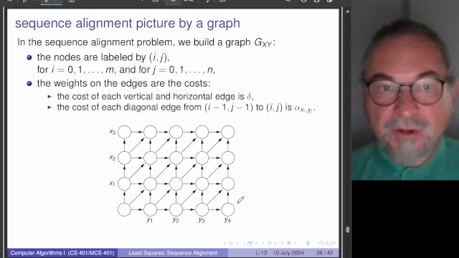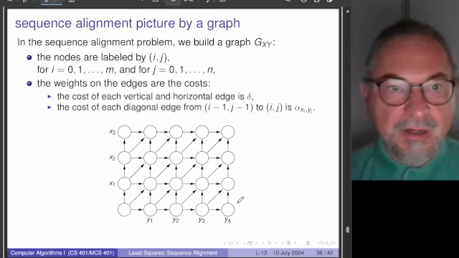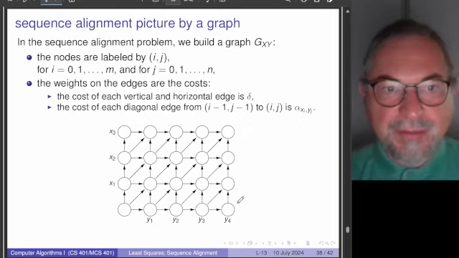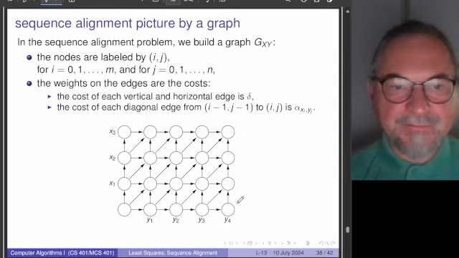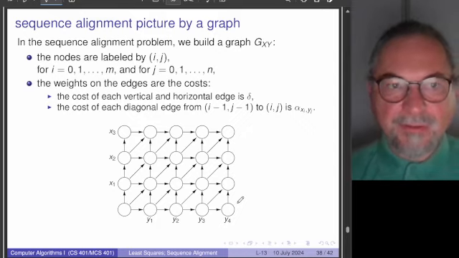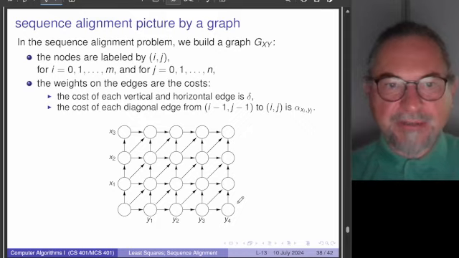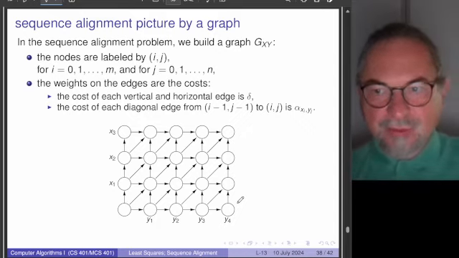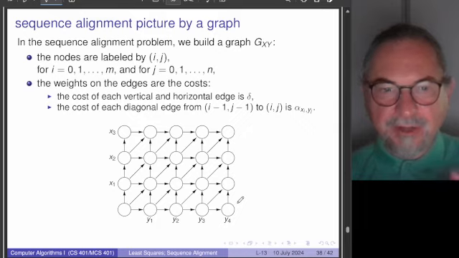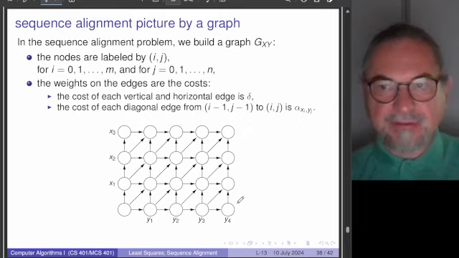We can give a graph interpretation to this algorithm where we label the nodes by the pairs. So for every character, when we are at the ijth position, we will have the value of the alignment up to that stage.